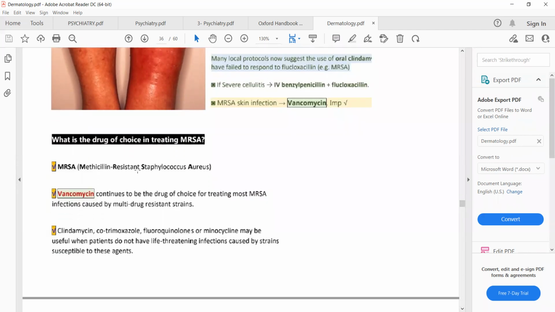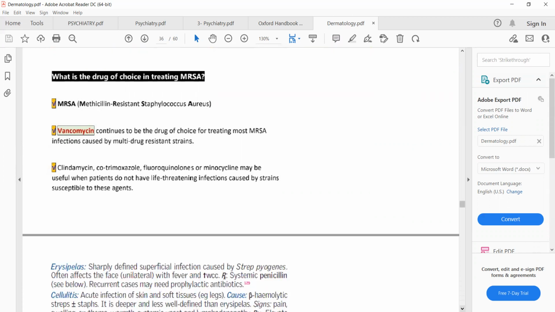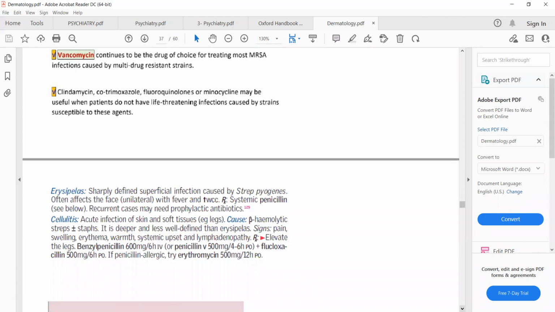Drug of choice for MRSA is vancomycin, and second line is teicoplanin or clindamycin as well. So this was all about cellulitis and its management.